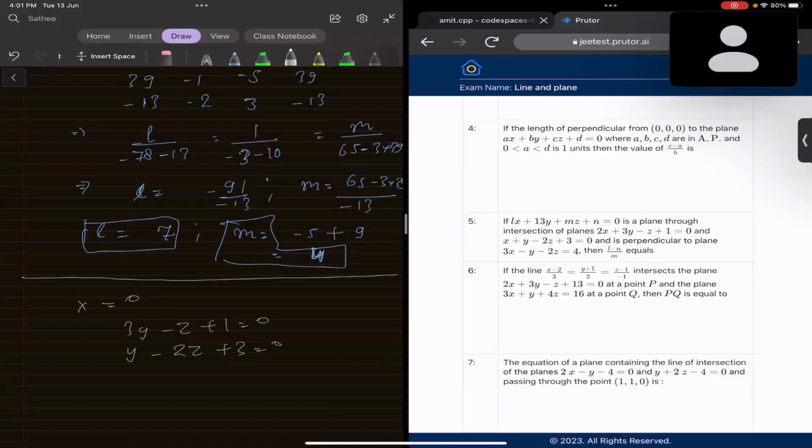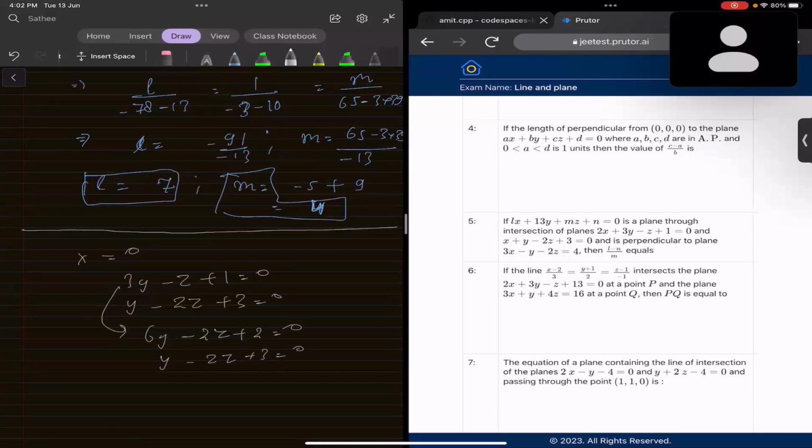If we multiply the first by 2, this becomes 6y minus 2z plus 2 equal to 0, and the other is y minus 2z plus 3 equal to 0. If we solve these, we get 5y minus 1 equal to 0, so y equal to 1 by 5, and z equal to 3 by 5 plus 1, that is equal to 8 by 5.